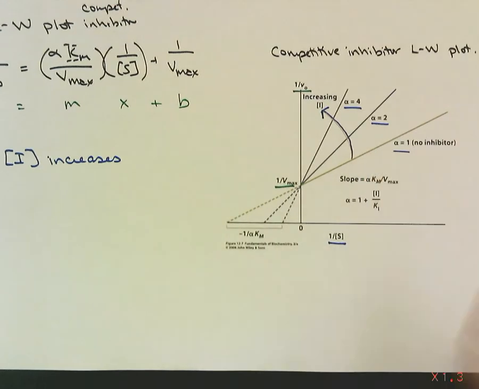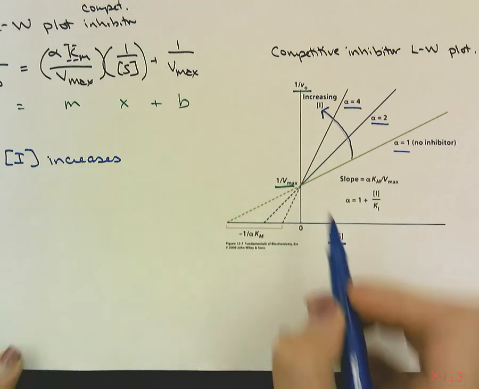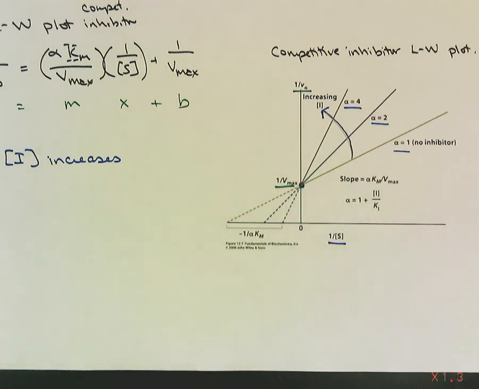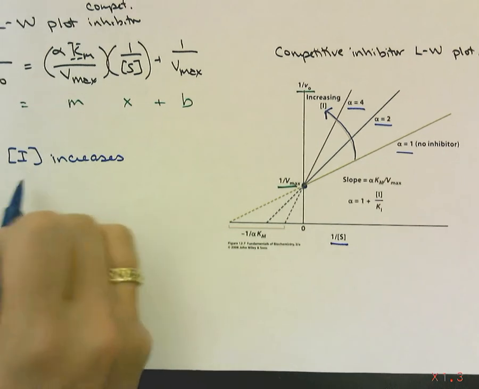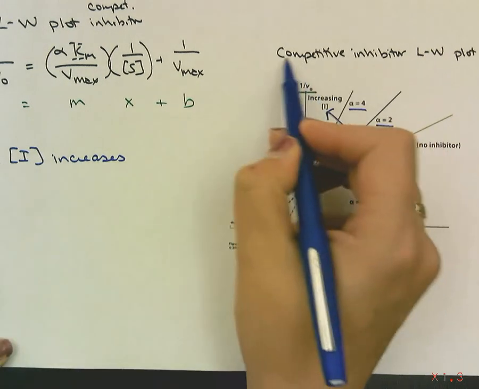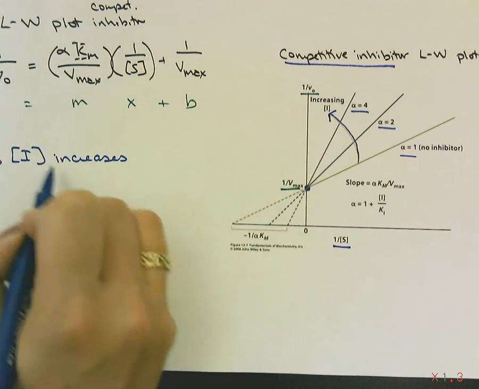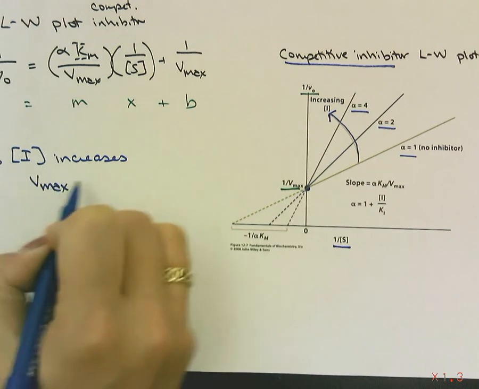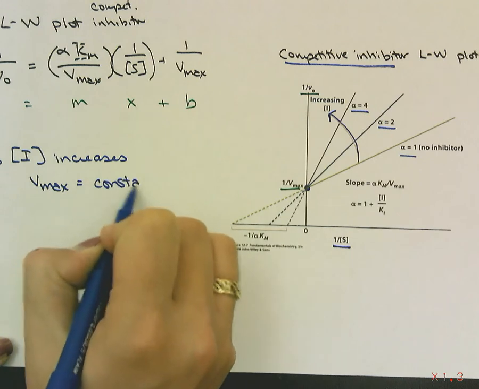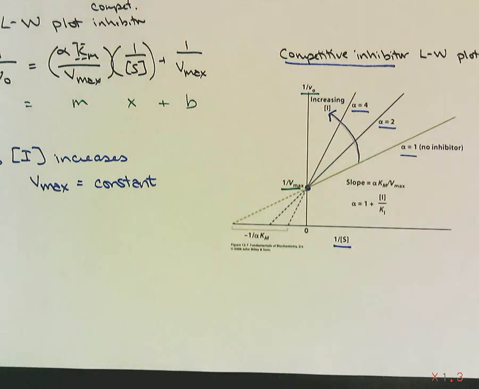As I increases, what happens to my value for Vmax? Okay, Vmax is right here. It stays the same for all of them. Remember, you're looking at the competitive, okay? So as I increases for competitive inhibitor, Vmax remains constant.